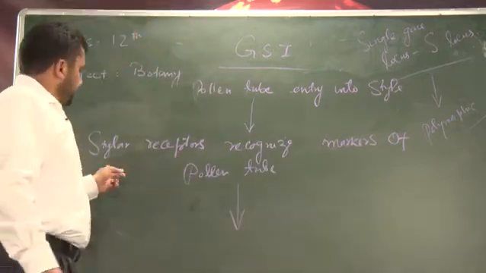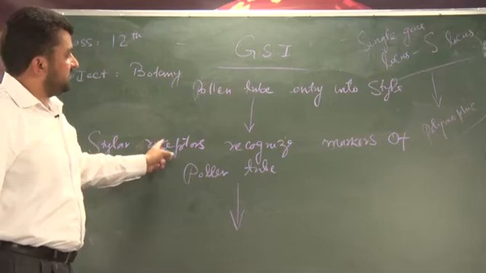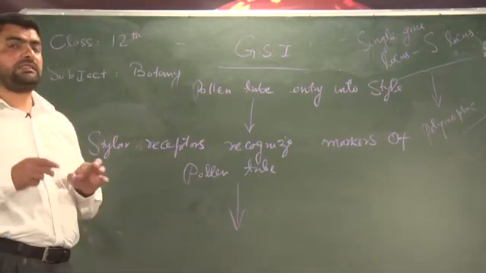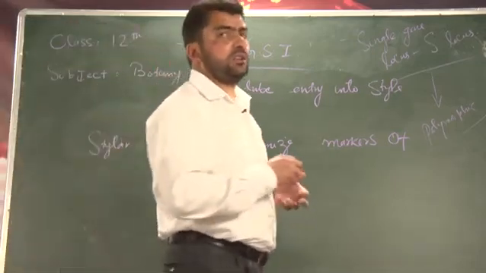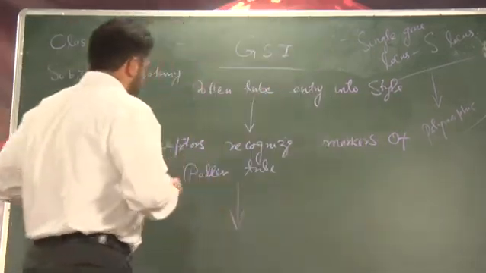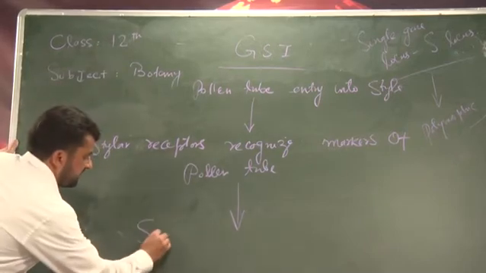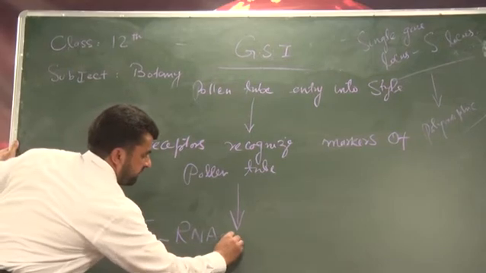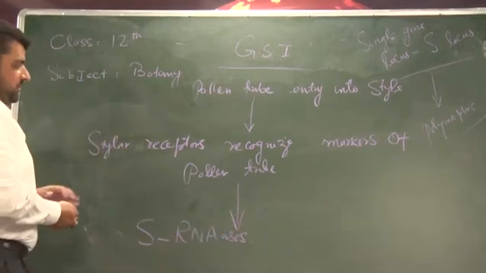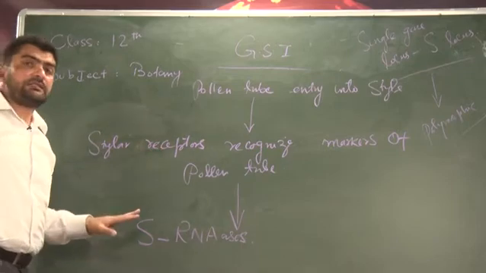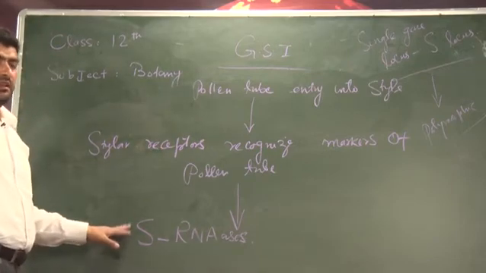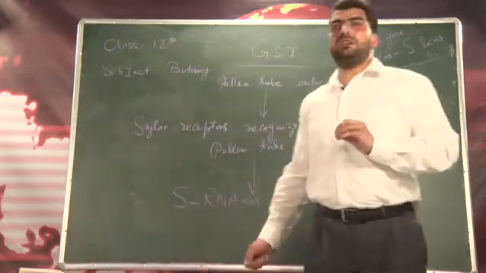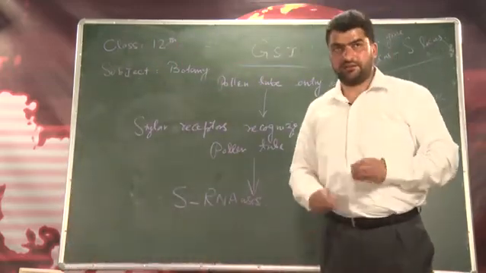So, after this receptor marker interaction, the stylar canal cells produce S specific RNases, enzymes that bring about the degradation of RNA, right.